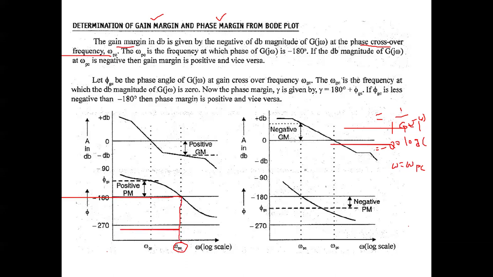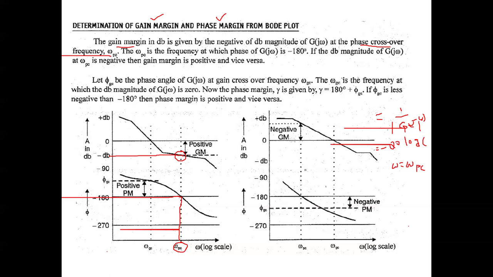That frequency will be known as the phase crossover frequency. Exactly at this frequency, if you extend the line, this line will touch the magnitude plot, right? So at this point, how much magnitude will be there? That magnitude will be considered for the corresponding gain margin. Is it clear?